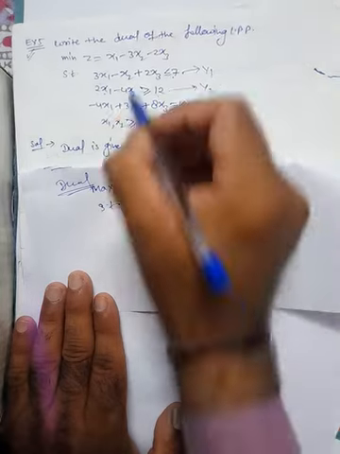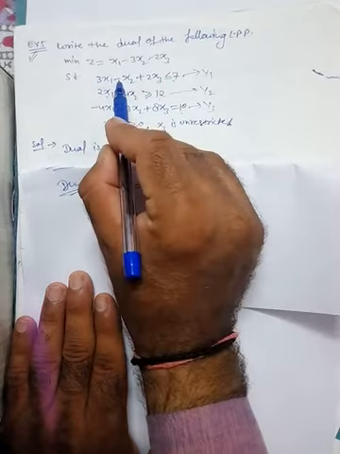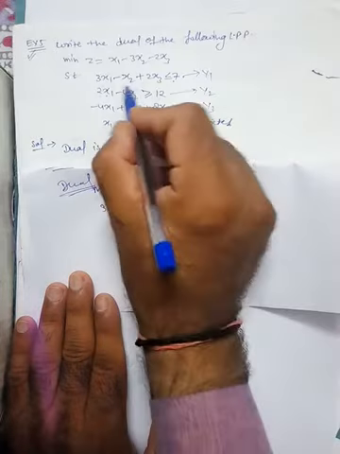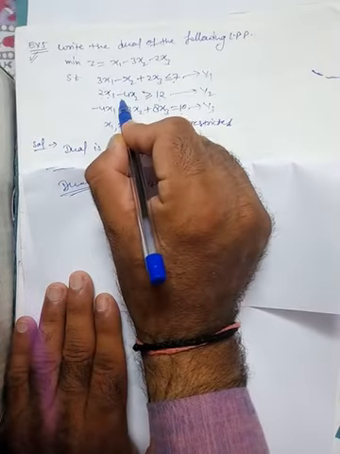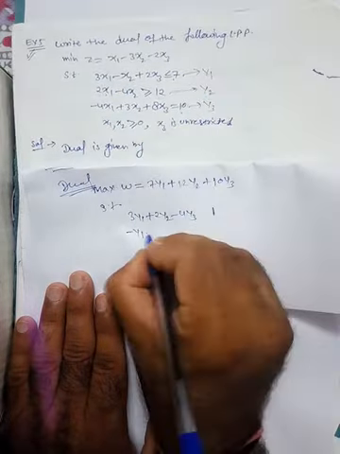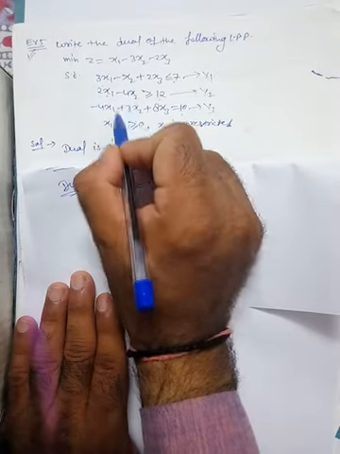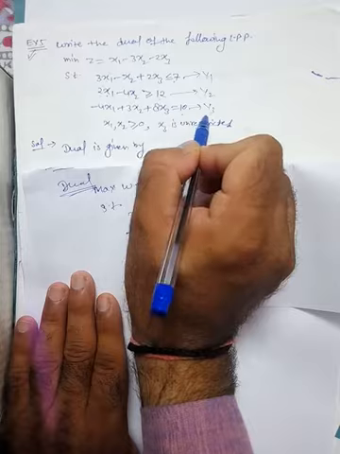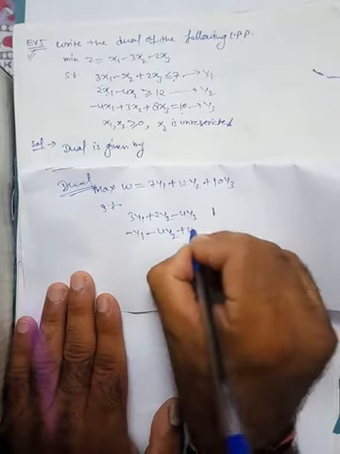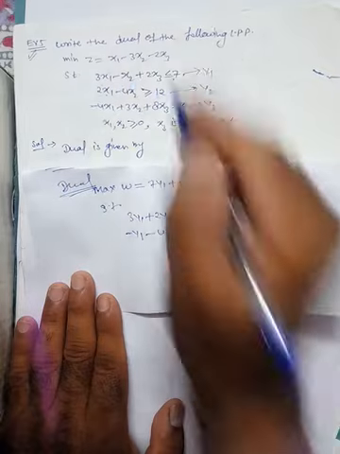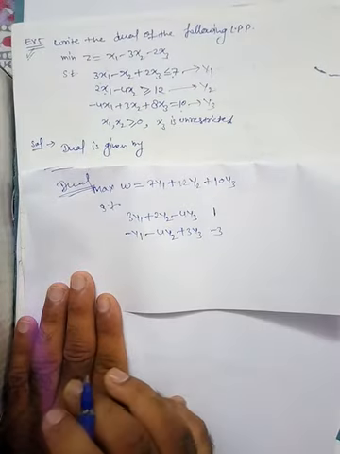Similarly, for x2 we have minus y1, the coefficient of x2 here is minus 4, so minus 4y2, and the coefficient is 3, so plus 3y3. The right hand side coefficient of x2 is minus 3, so minus 3.